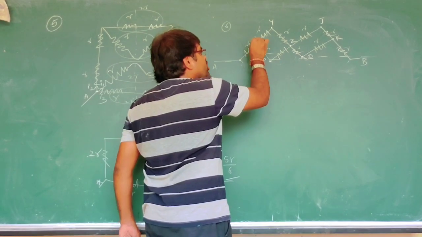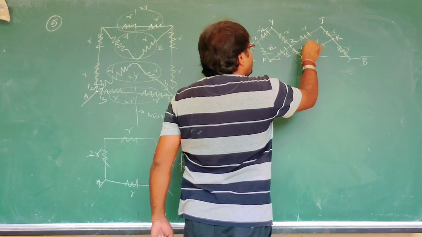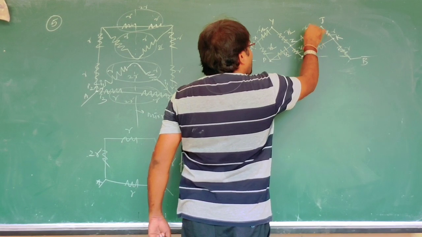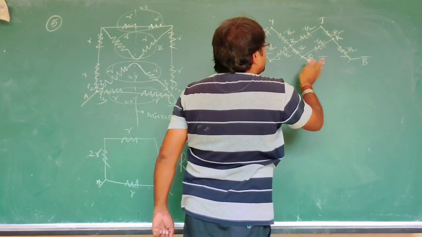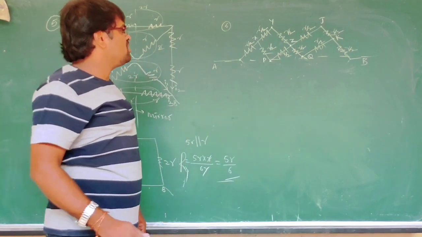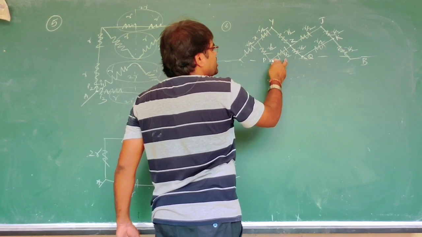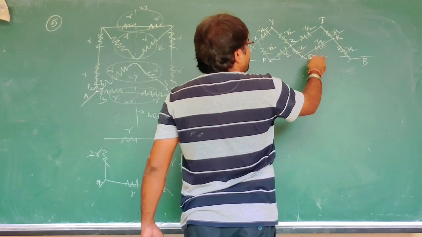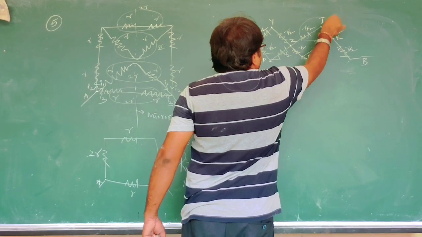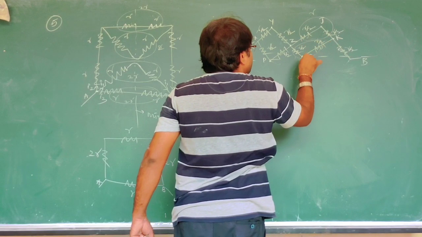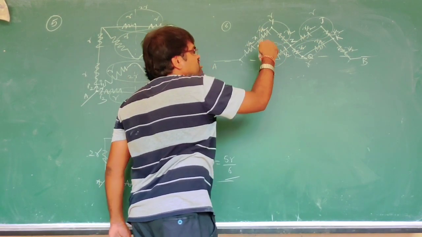All of these are R by 2, R by 2, R by 2, and so on. Then R by 2 and R by 2 in series give R, and these are R, these are R, these are R. Series coming.